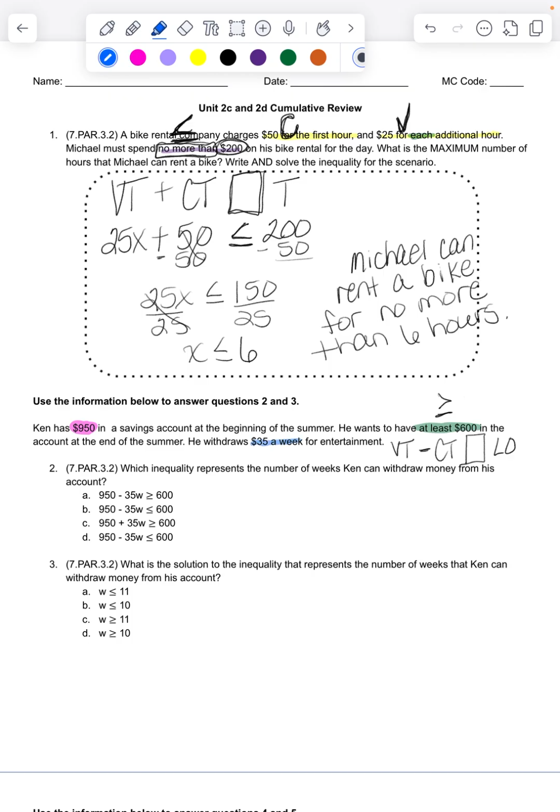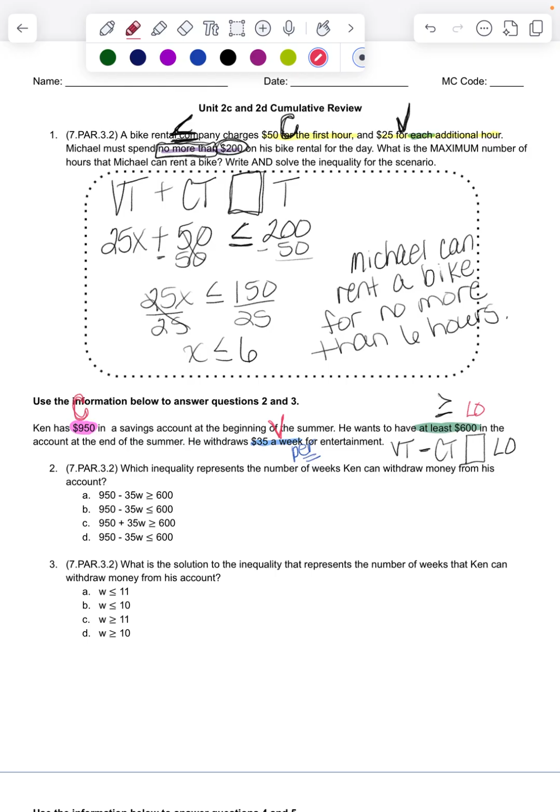That's $35 per week. If you think about the word per, pointing us to our variable term, we have $950 would be our constant term, $35 a week would be our variable term, and at least $600, this would be our amount left over.